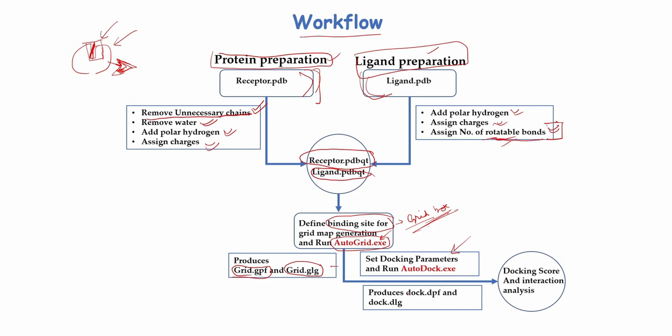Then when you run this particular command or executable file, you will generate the final docking results. In this you will get the information about the docked molecules as well as their scores. Once you have the results, you can analyze the docking score as well as the interaction analysis.